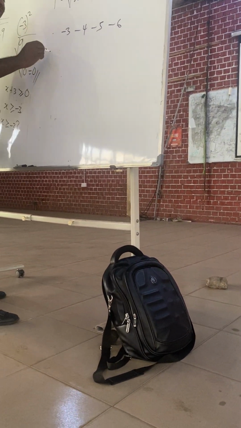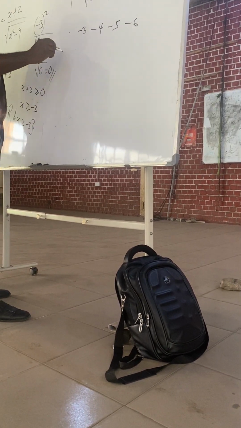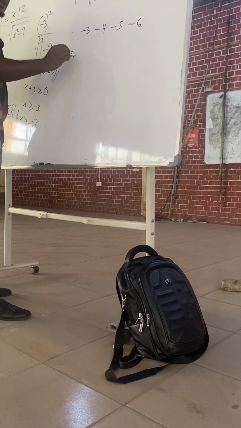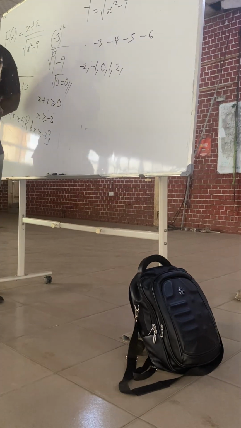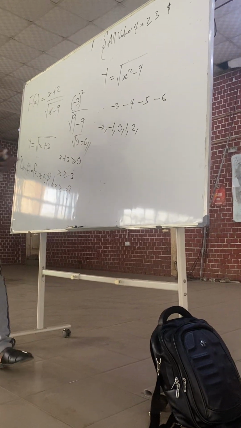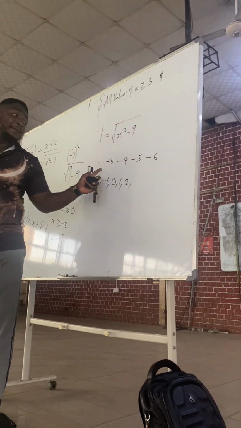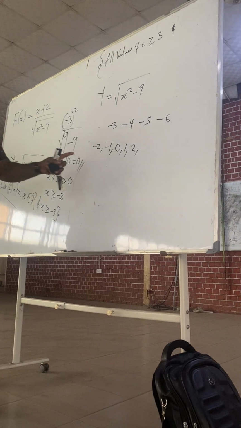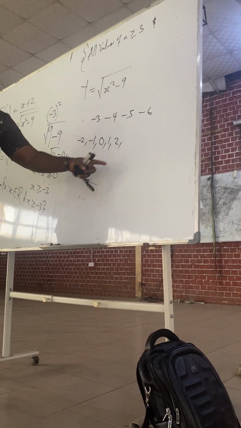Now, it means that the only numbers that will not make this function exist are minus 2, minus 1, 0, 1, and 2. Class, these are the only real numbers, so they are even few, that will make this function not exist.